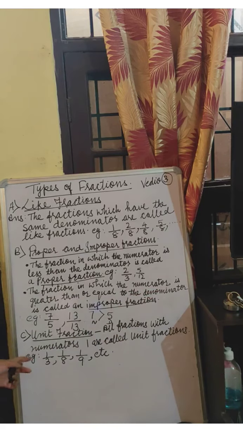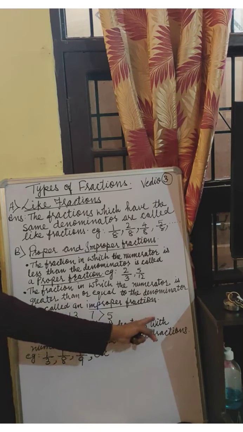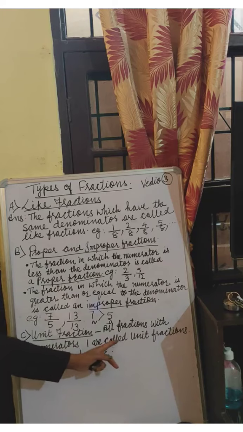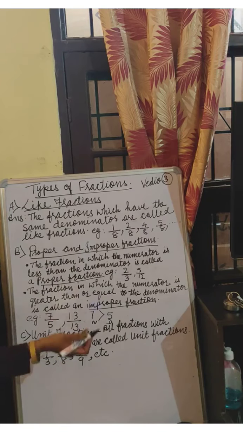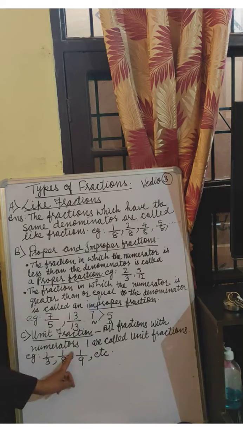Now unit fractions. All fractions with the numerator 1 are called unit fractions. Here also we consider a group of two or more fractions. So these first two fractions, 1 upon 3 and 1 upon 8, have the numerator unit.